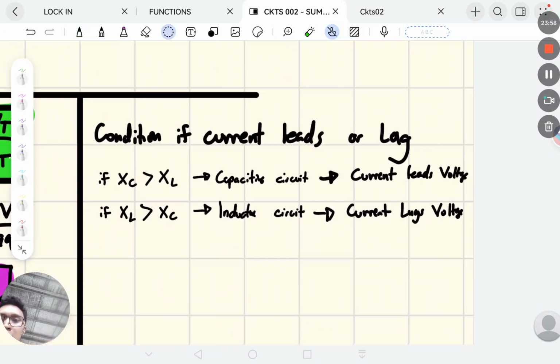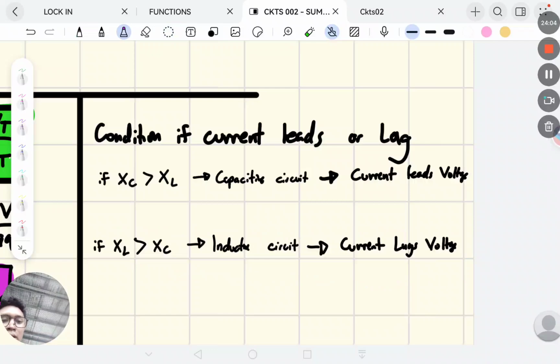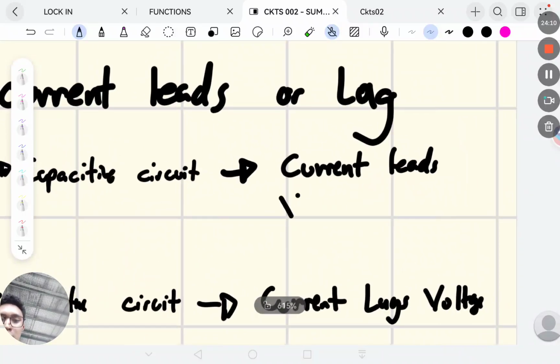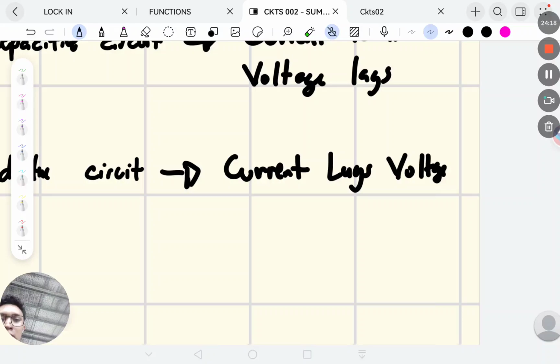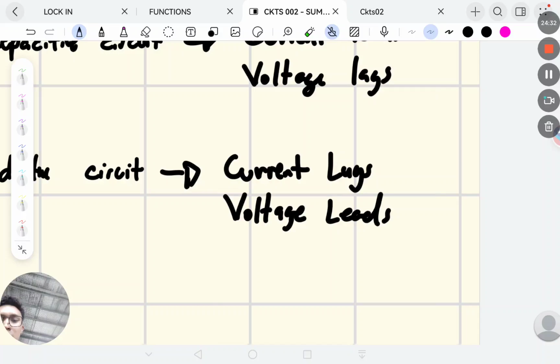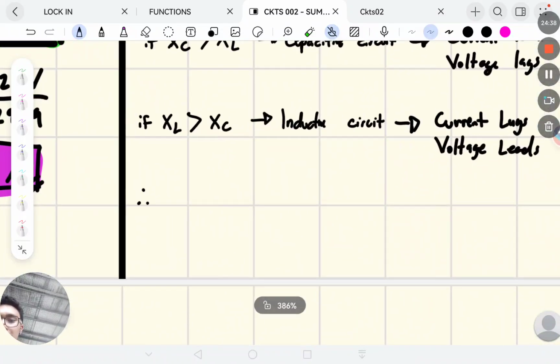Sorry, kulang yung statement. Capacitive: current leads, voltage lags. Pag inductive circuit naman, current lags, voltage leads.